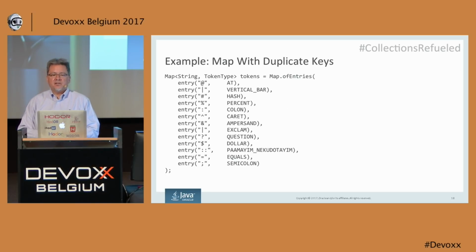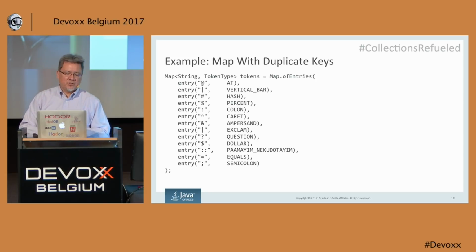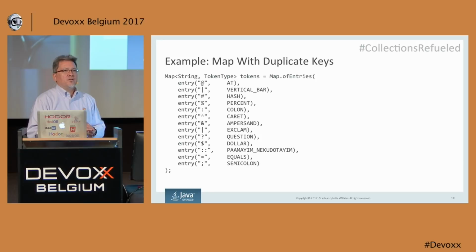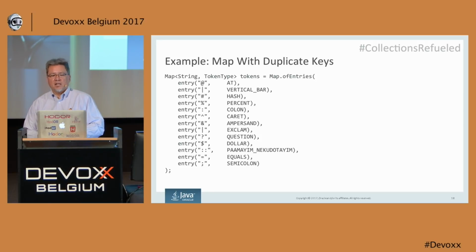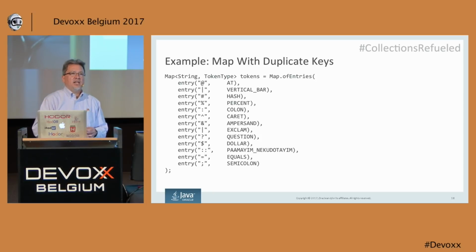So if you take a look at this example, this is a modified version of an example I showed before, where you're adding a bunch of map entries to a map. And it turns out that there's a bug in this one. You might be able to spot it if you have sharp eyes, but there's a duplicate key in here. If we followed a last one wins policy, then silently you would get a map with one fewer entry in it than you expected, and you might have one of these tokens mapped to the wrong token type.